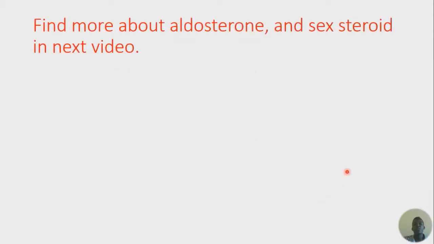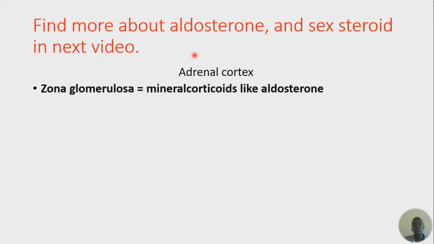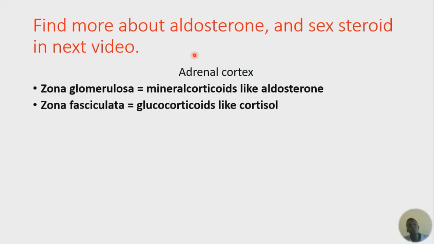You can find more about aldosterone and sex steroids in the next video. But if I'm talking about the adrenal cortex, just to revise with you, the adrenal cortex has the zona glomerulosa, which produces mineralocorticoids like aldosterone. We have the zona fasciculata, which produces the glucocorticoids like cortisol.